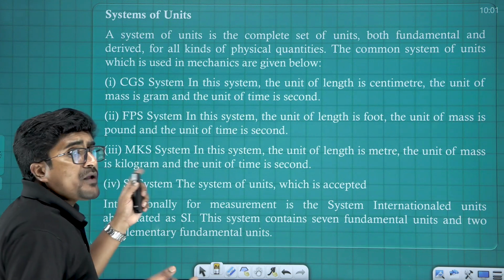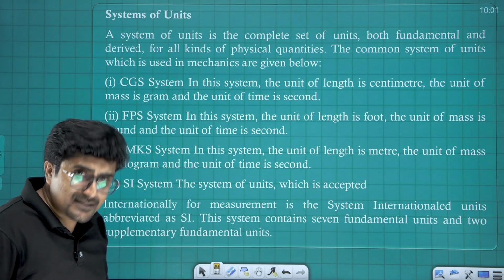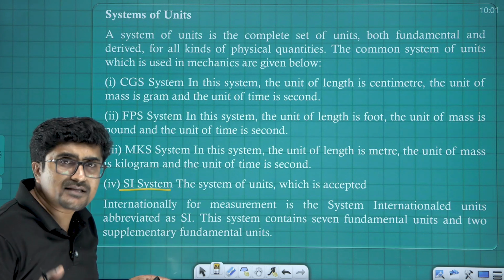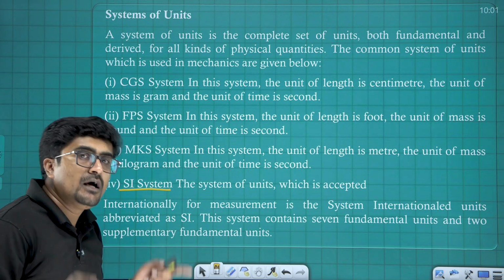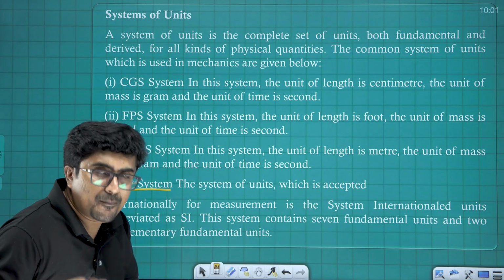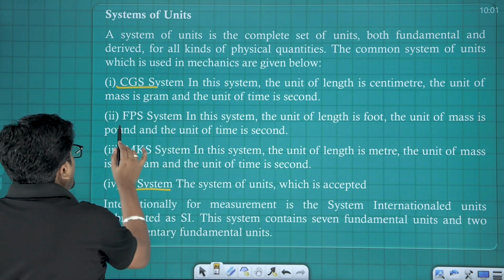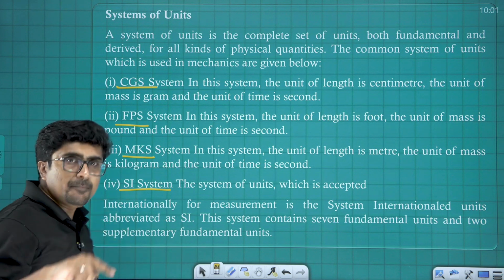Now, other than the SI system, of course we will be discussing the SI system also, but the systems that were popular in earlier times are the CGS system, FPS system and MKS system.